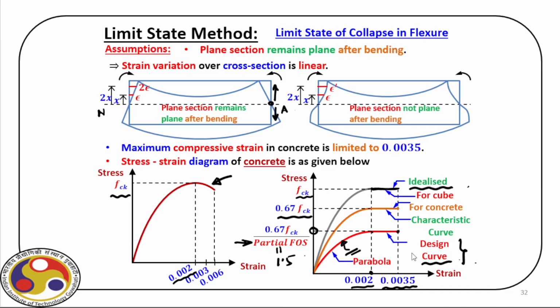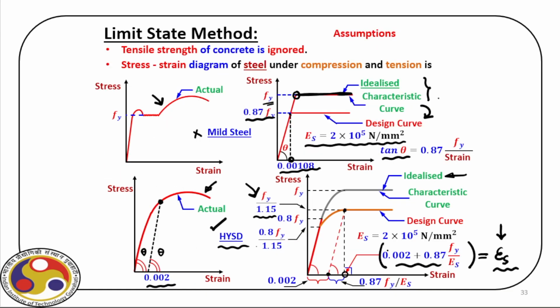For steel, it is HYSD bars. So for that, the value of strain is shown here. And I have already explained how we get this. It comes from the idealization first, and then we apply the factor of safety, right? And then we get the design curve, and from there we evaluate this strain.